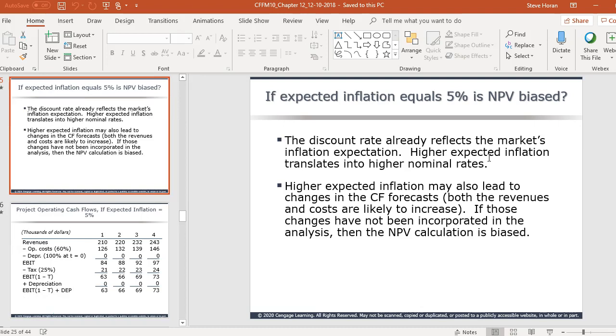And then what they're saying is they talk about inflation here, but let's pretend it's not inflation and say, what if we can raise our prices by 5%? Okay, let's just say that every year we plan to raise our prices by 5%, and we'll still keep our operating cost at 60%, but we just kind of said operating costs are 60% of revenues.